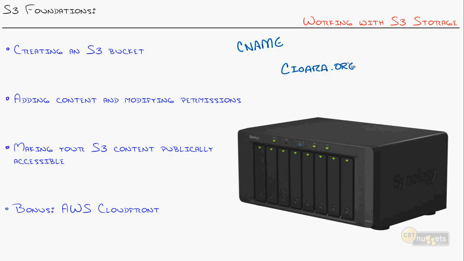I primarily use it for email, so I don't really host anything on chara.org. So with that domain, maybe I want to create images.chara.org that points to this big image library that I have stored on AWS, on some of the S3 servers. So what I can do is create a CNAME.